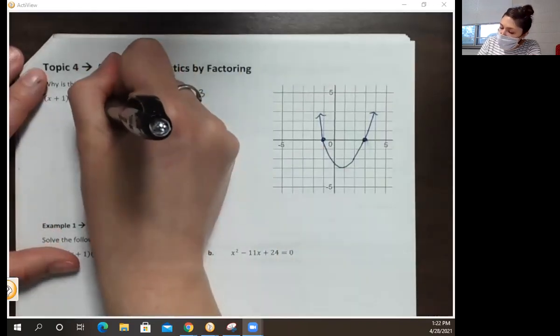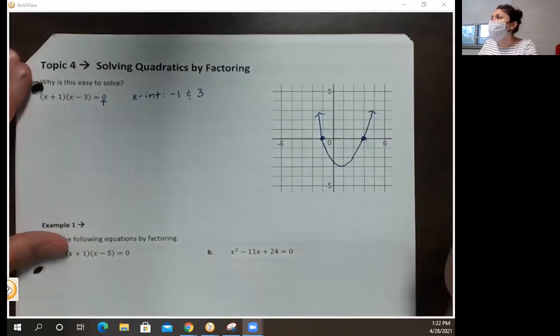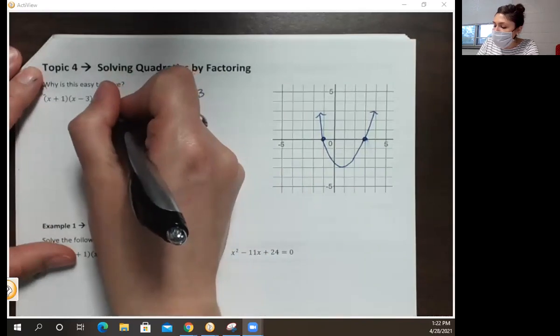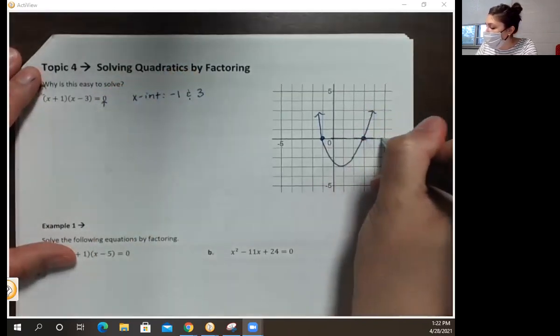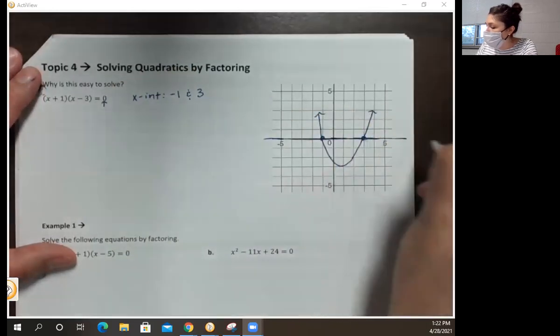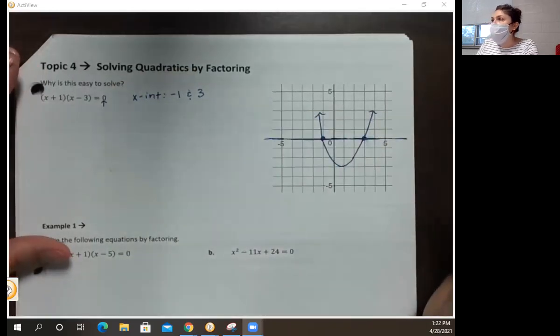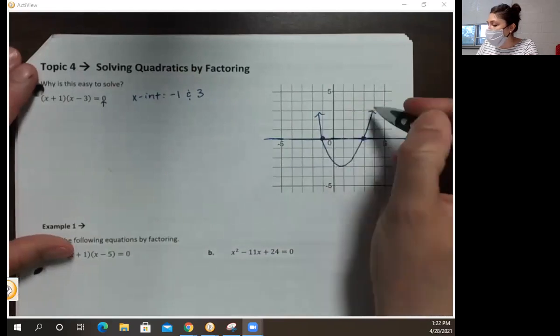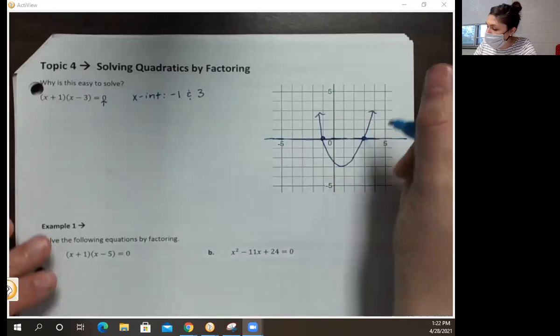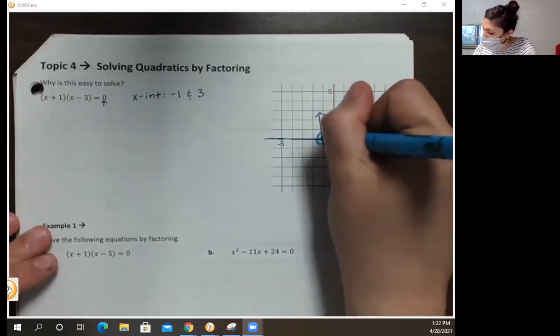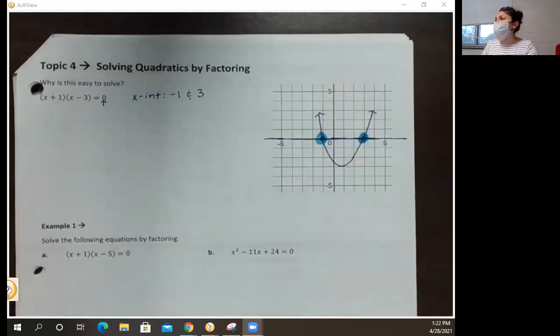Since we want to know when this function is equal to 0, it turns out that's actually enough information to be able to give the solutions. So I want to know, when is this equal to 0? I'm going to go to where y is 0 on my graph, extend that all the way across. And then what I want to know is, where does my parabola hit that line? My parabola hits that line at my x-intercepts.